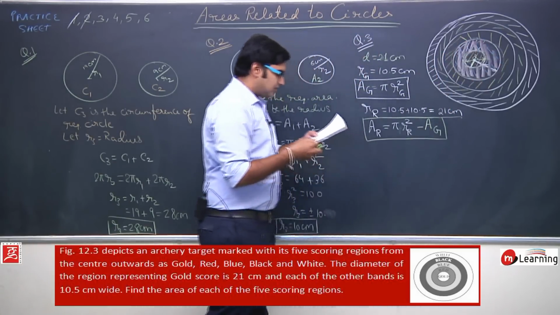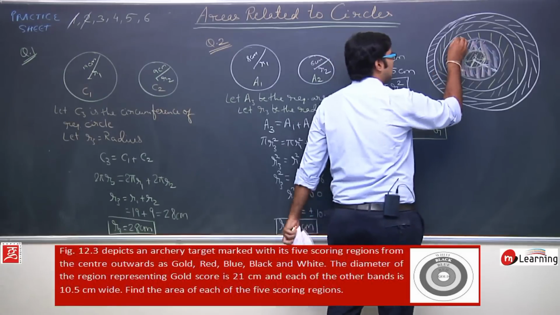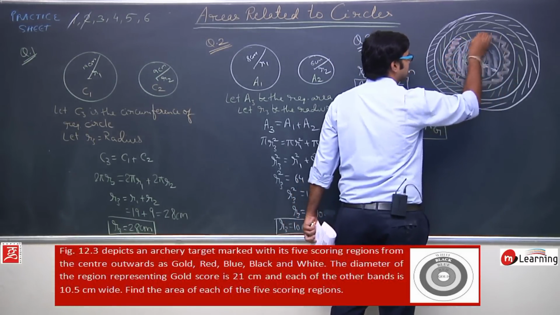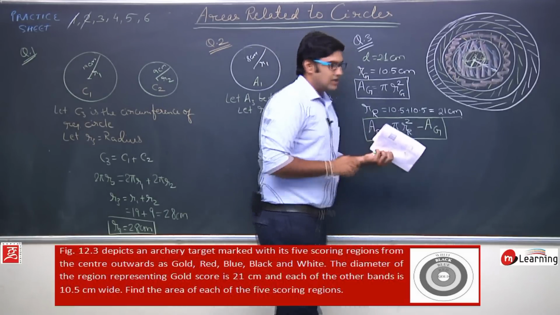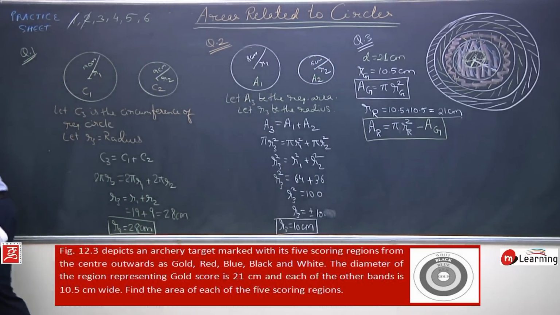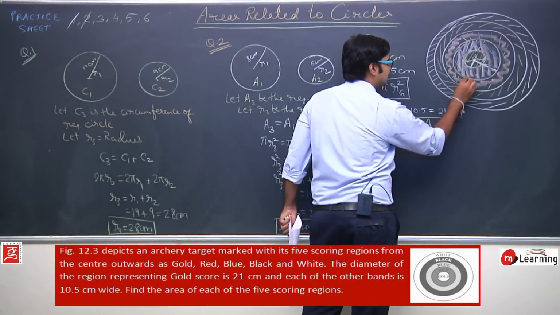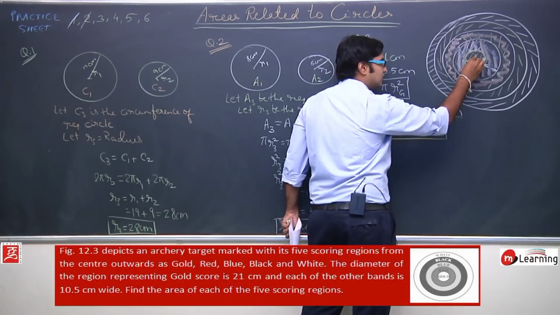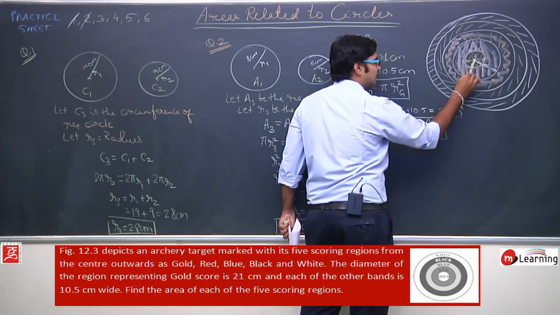Now further, the next region is the blue region. What is the blue region? This is the blue region. Now how to calculate the area of this region? What I can see is, again, this region is 10.5 meter wide. So from the center, the length will be 10.5 plus 10.5 plus 10.5.